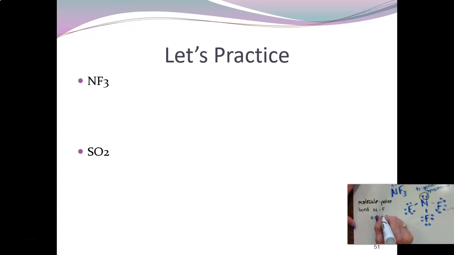So 4.0 minus 3.0, the electronegativity difference is 1. So have you memorized them yet? You should have. 0.31 to 1.7 is polar. So these bonds are polar. Polar molecule and polar bonds.